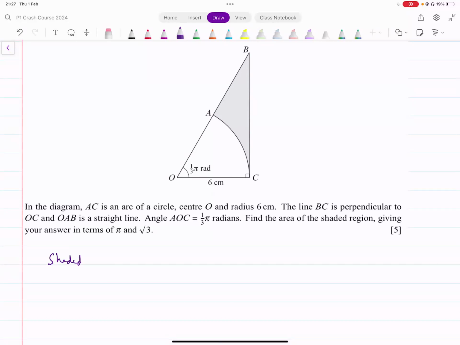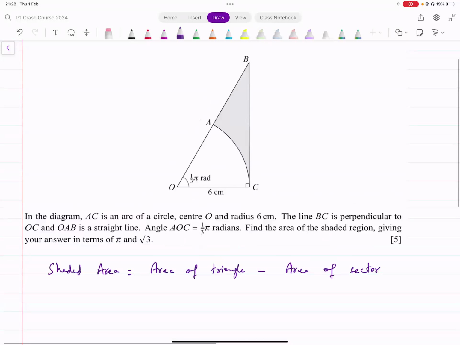We say shaded area is equal to area of the triangle minus the area of the sector, because the triangle is outside, that's bigger.